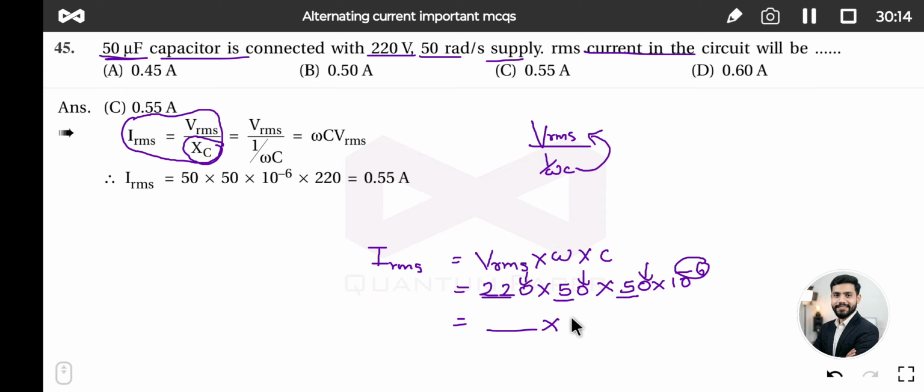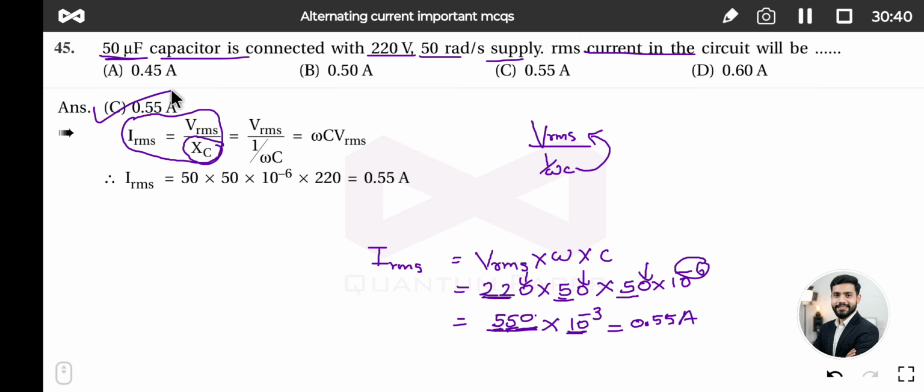So it becomes 10 raised to minus 3. If you multiply 22 into 5 into 5, then we'll get 550 into 10 raised to minus 3. To remove this 10 raised to minus 3, we have to take the decimal 3 digits to the left. So 1, 2 and 3. So 0.55 ampere. So the correct answer is C, 0.55 ampere.